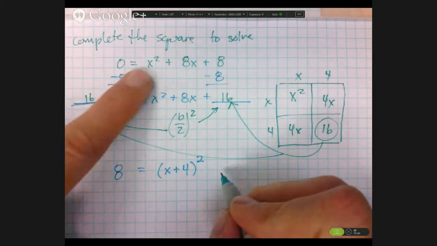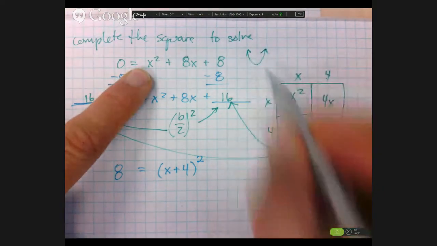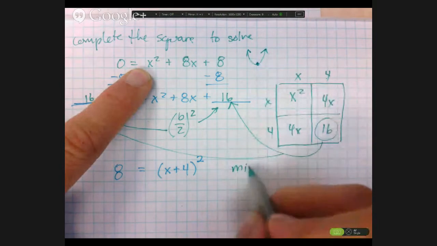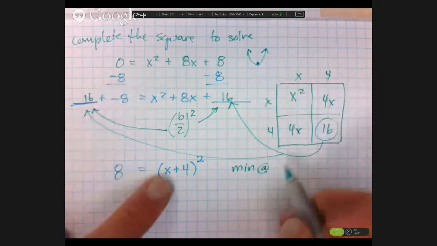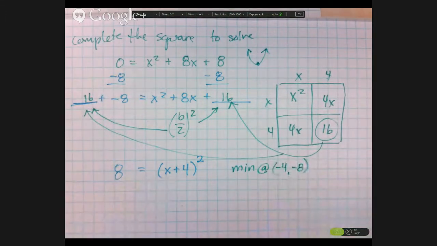This is a positive, so it looks like this, right? It has a minimum. At -4, -8. So it's the opposite of each of these. Okay, so that's your minimum. That's where the vertex is.